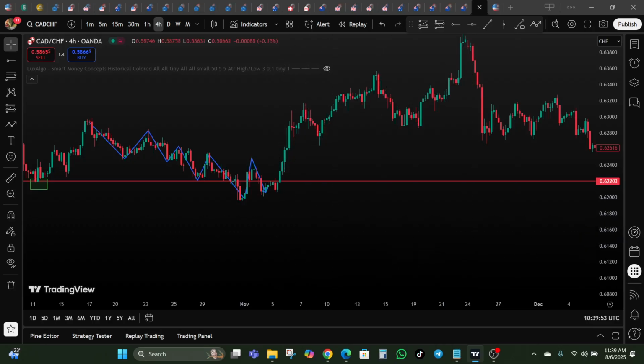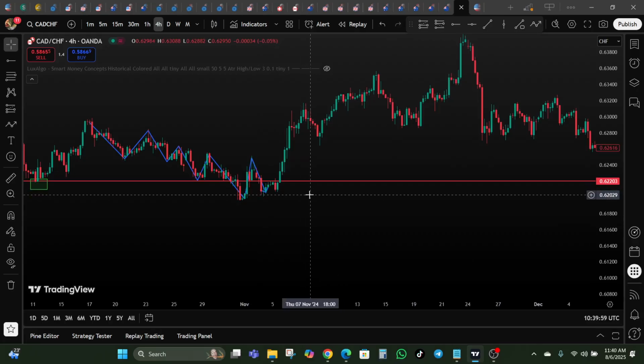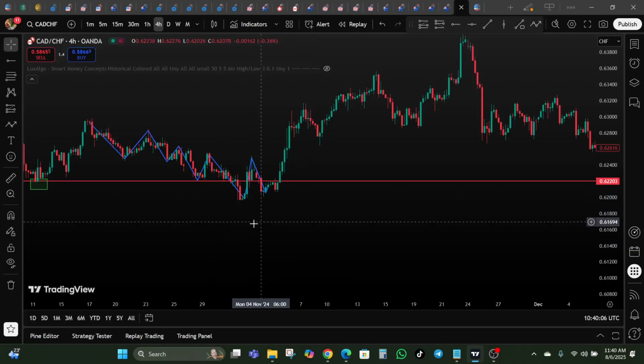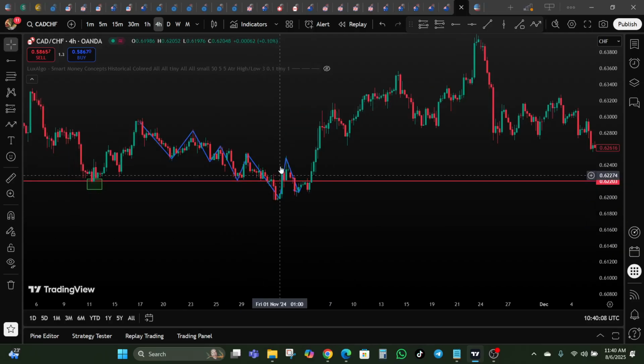So once you have identified that shift in market structure, the next thing for you to do is to enter on the retest of the breaker block, the order block, or the demand and supply zone created by the move. So right after we have this change of character, in this case, the change of character actually happened here.